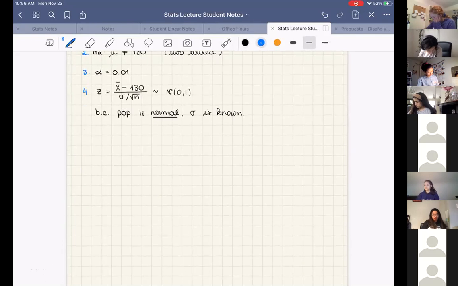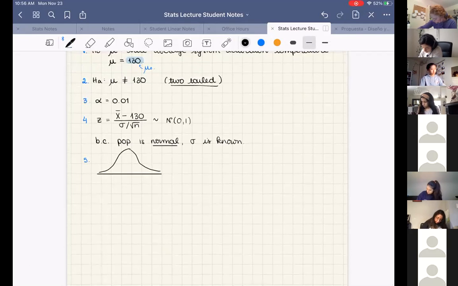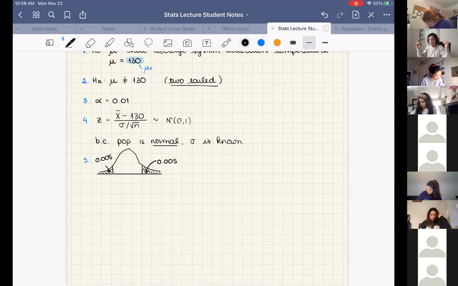Then I have 5, which is find the rejection region. If I'm going to find the rejection region, I don't want to necessarily learn it by heart. I'm going to try to find this myself. In this case, I have a two-tailed test, which means I'm going to chop things from top and bottom here. My alpha is 0.01, which means that I'm going to chop 0.005 from each of the top and bottom chunks of my distribution.